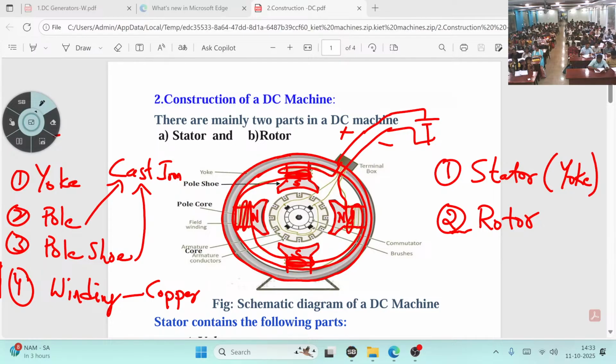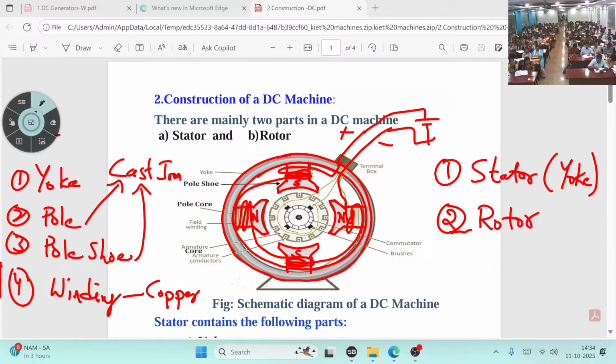This is about the stator. Now the rotor. The rotating part of the DC generator is called the rotor. The rotor has the rotor conductors. The conductors have to rotate in the magnetic field.